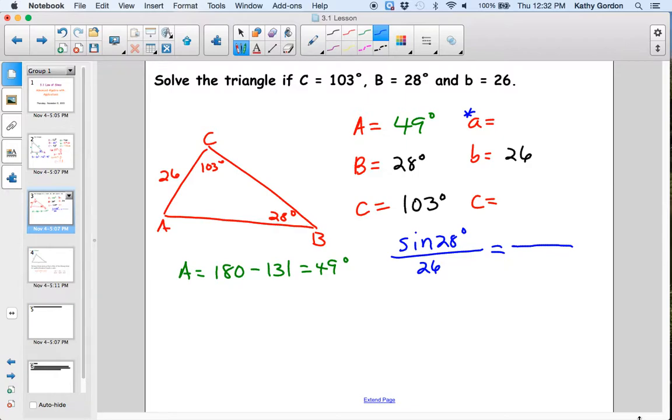So if A is the side I'm trying to find, what should my other ratio be? What should I put in this ratio in order to help me find A?